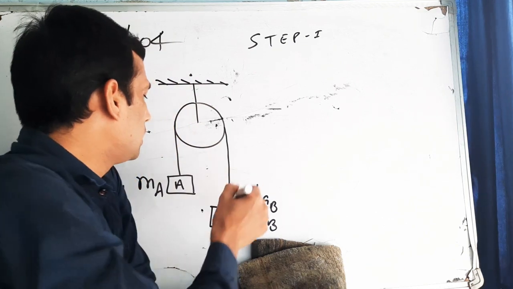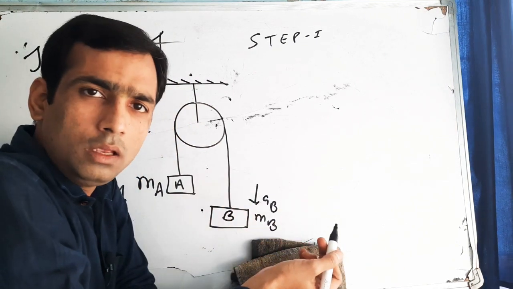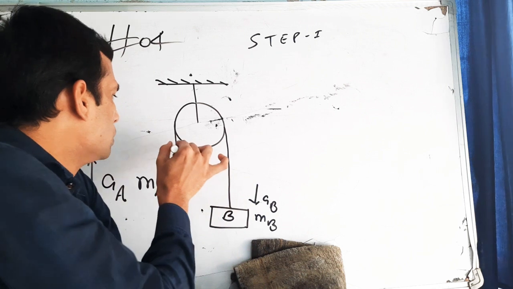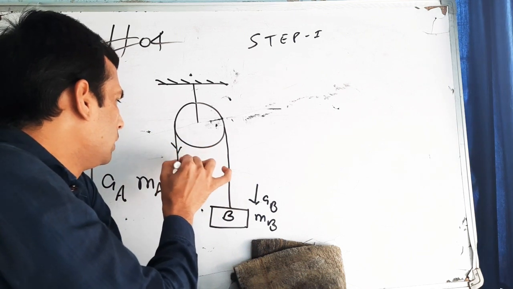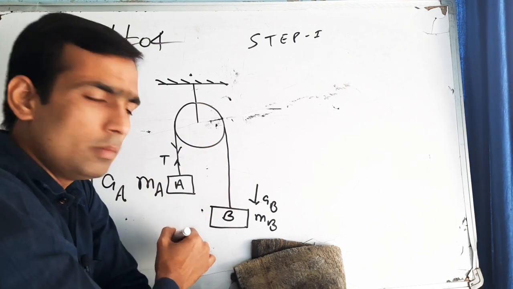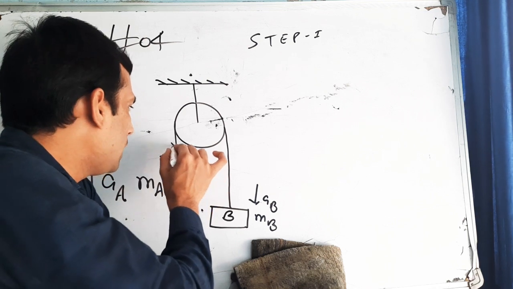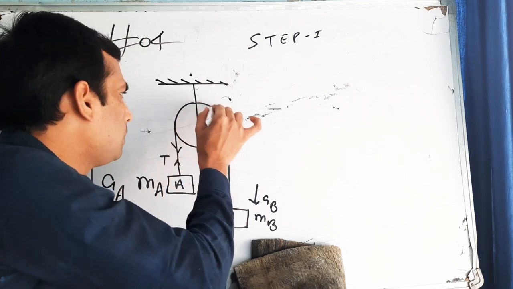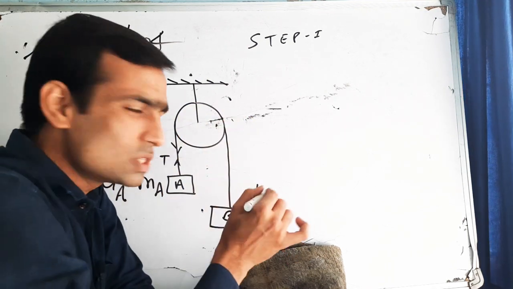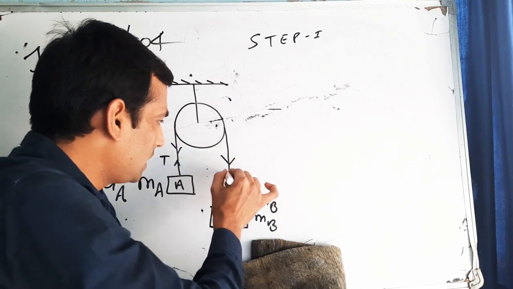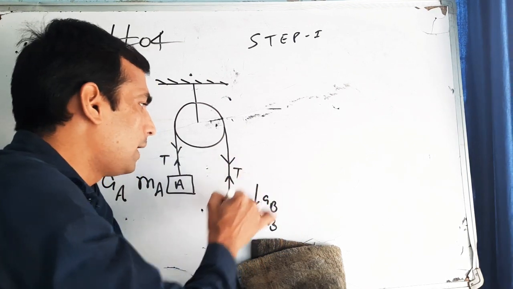Students, you can make an FBD. So this is the tension T. This remains the same because block A is connected to block B through a common string. So the tension remains the same.